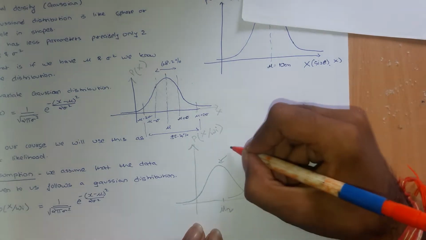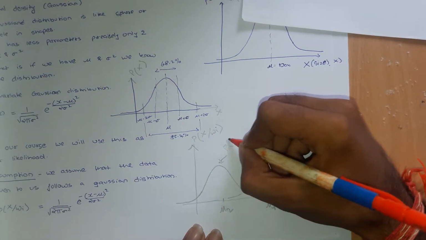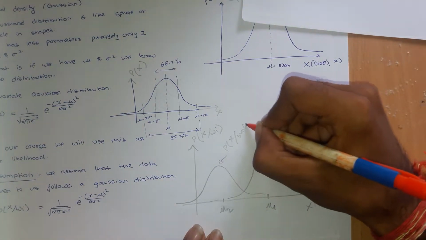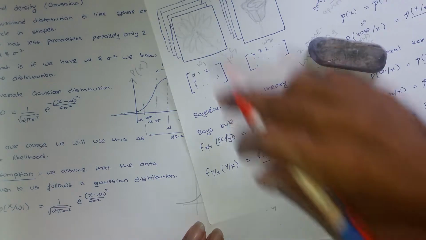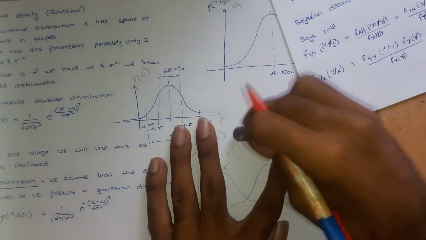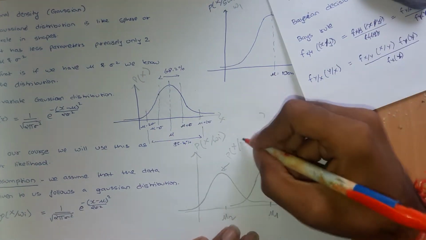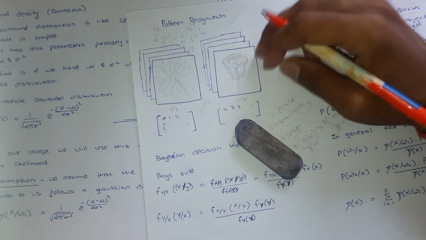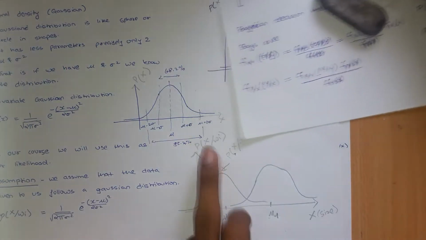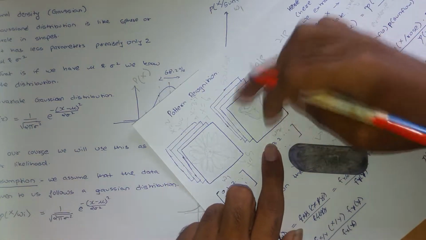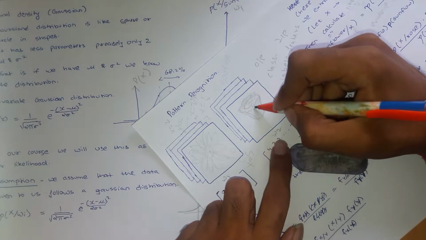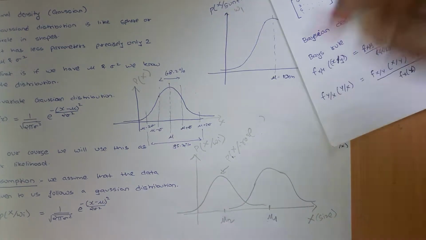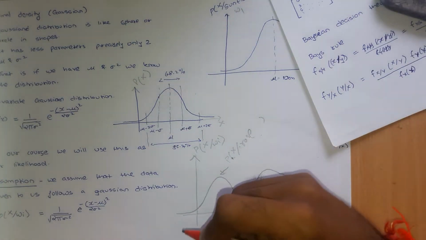This will belong to the probability given that I have sunflower. For these images, we took this as roses, right? Given that I have so many samples of roses, the probability that the size will be any x, it can be 2, 3, 4, 5, 6, is given by this Gaussian.